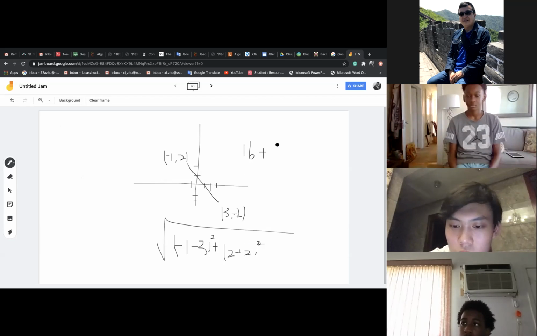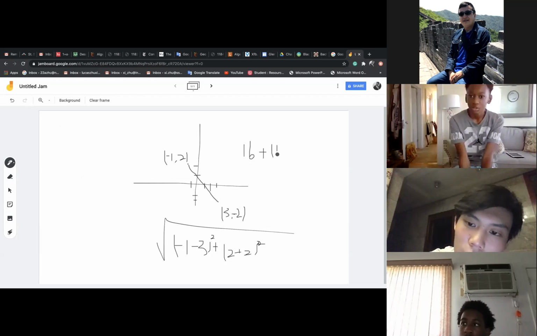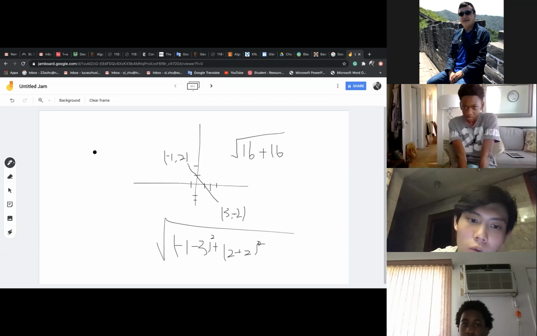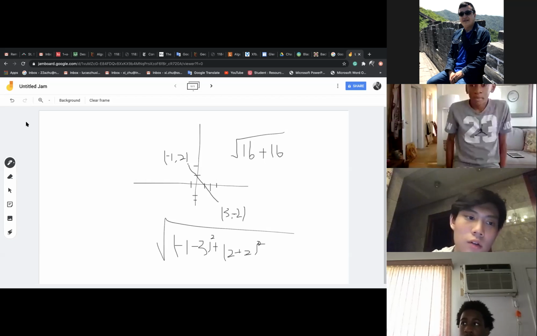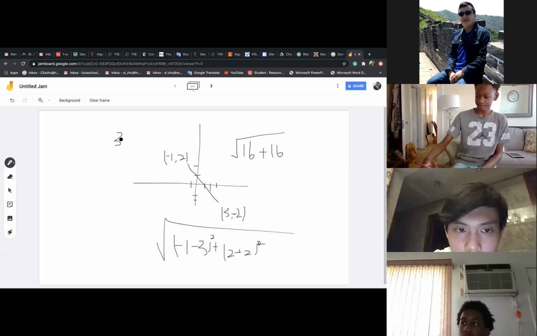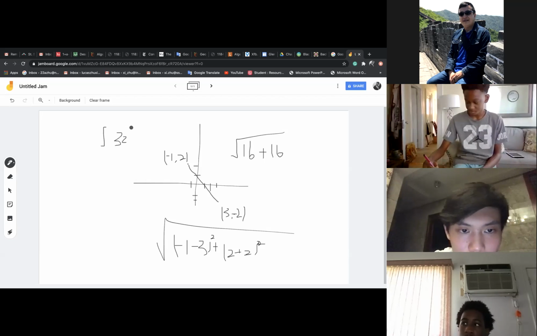Which is 4 squared. What's 4 squared? It's also 16, right? So what's 16 plus 16? 32. Yep, 32. And what's the square root of 32?